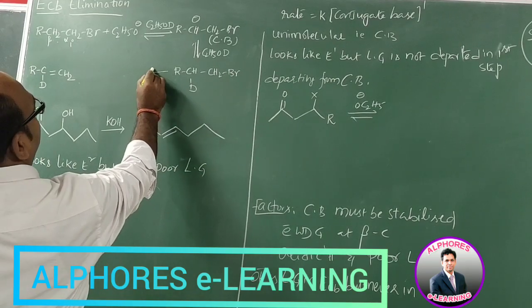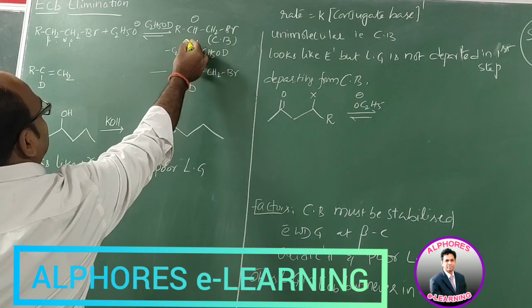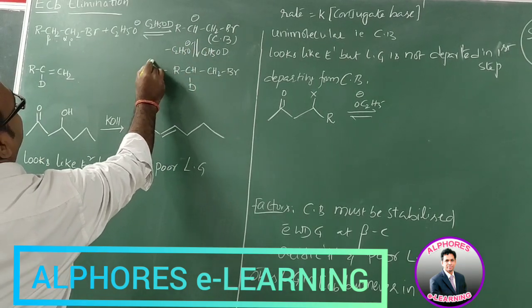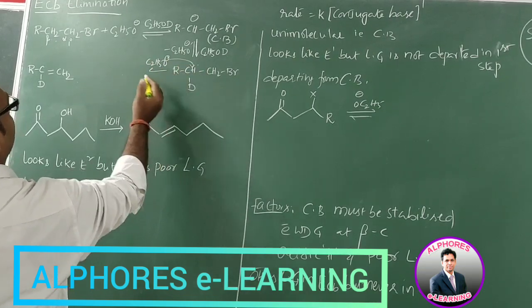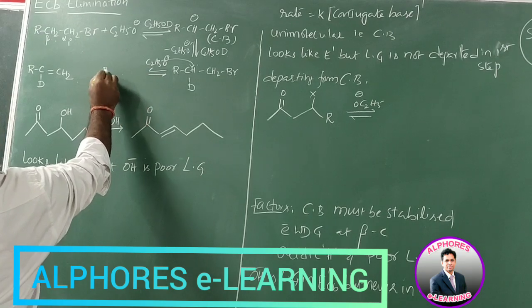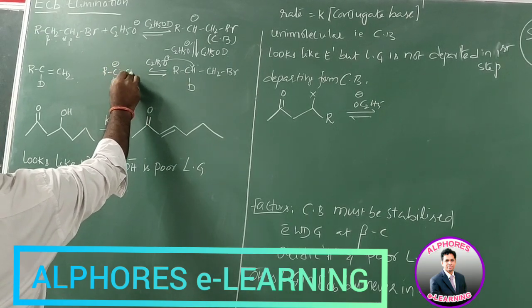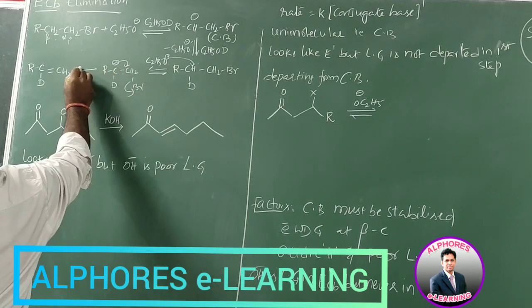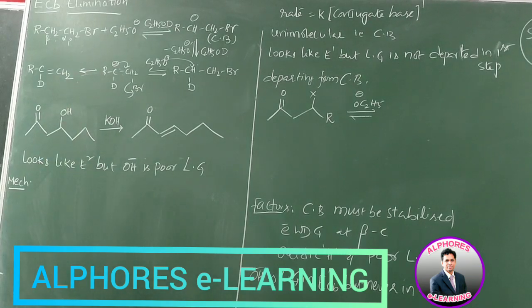What remains here? C2H5O minus remains. That C2H5O minus again abstracts a proton from here, which leads to RC minus D CH2Br. Now elimination takes place like this. So what happened?